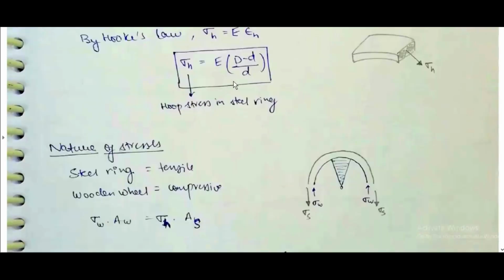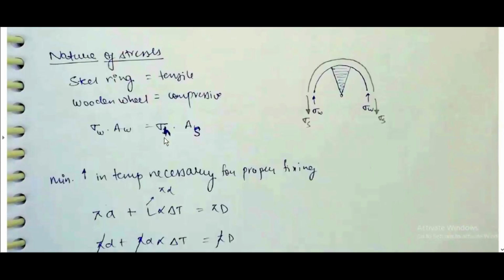Sigma h is equal to E into capital D minus small d by small d. This is the hoop stress in a steel ring. Nature of stresses: steel ring is tensile, wooden wheel is compressive.